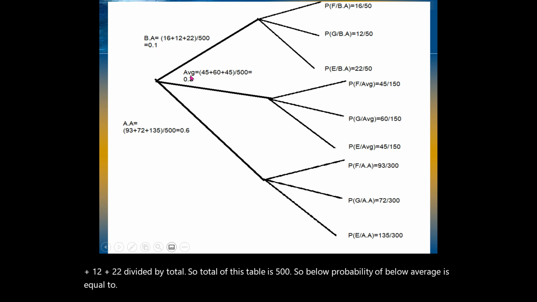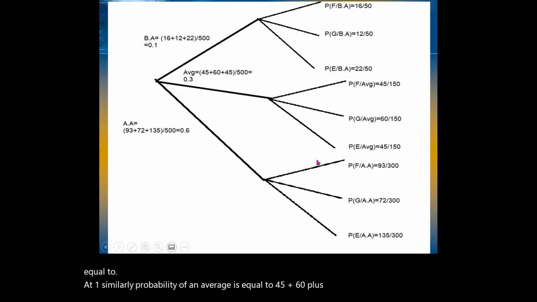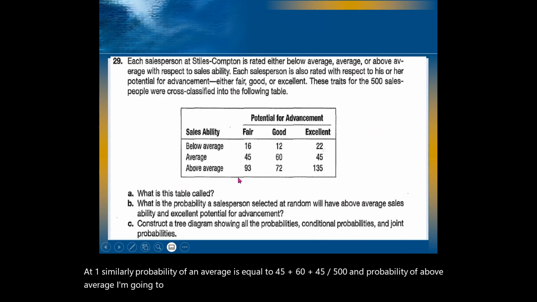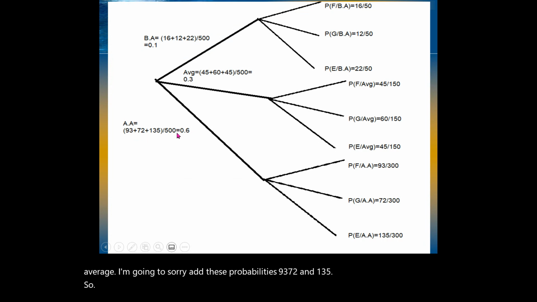Similarly, the probability of average is equal to 45 plus 60 plus 45 divided by 500. And for the probability of above average, I am going to add these values: 93, 72 and 135. So that is the probability that the person is above average.